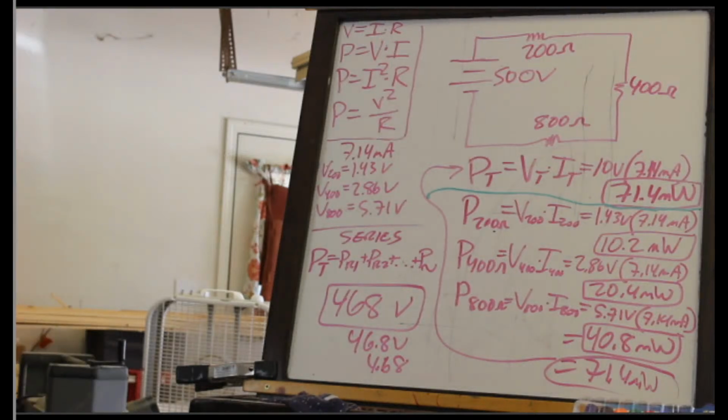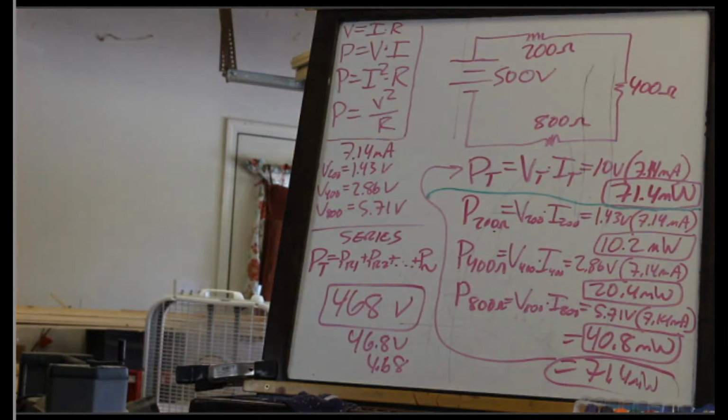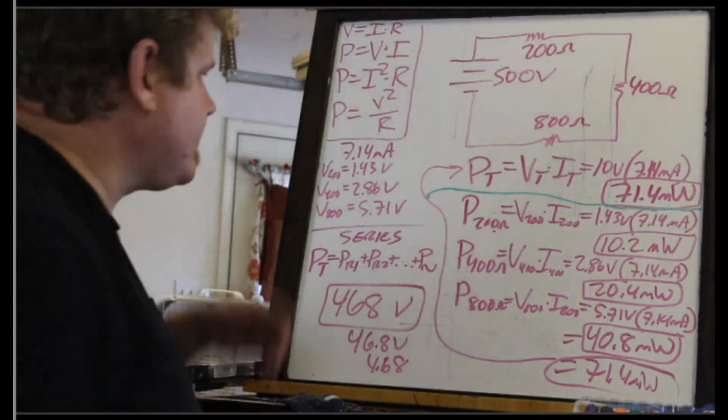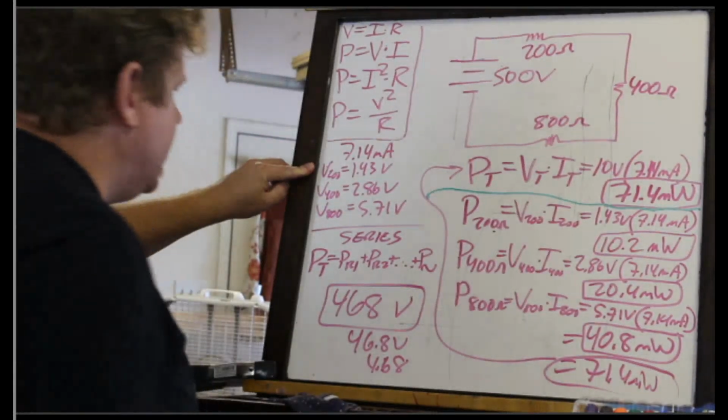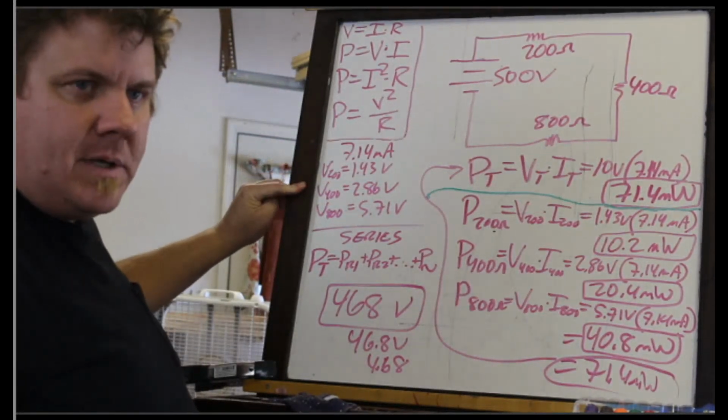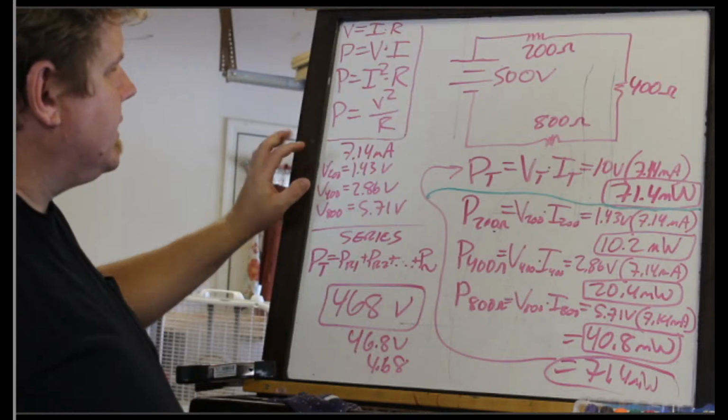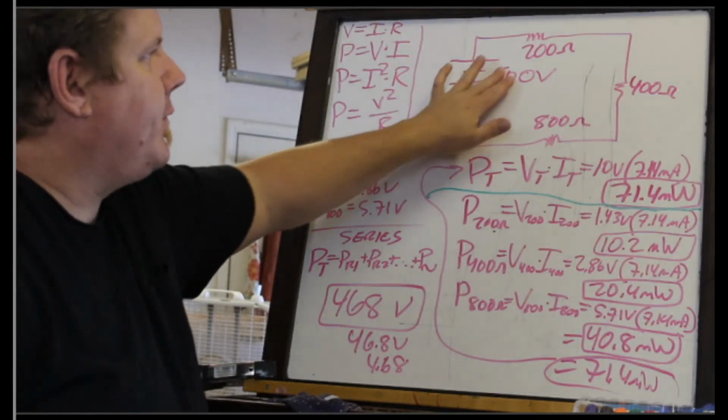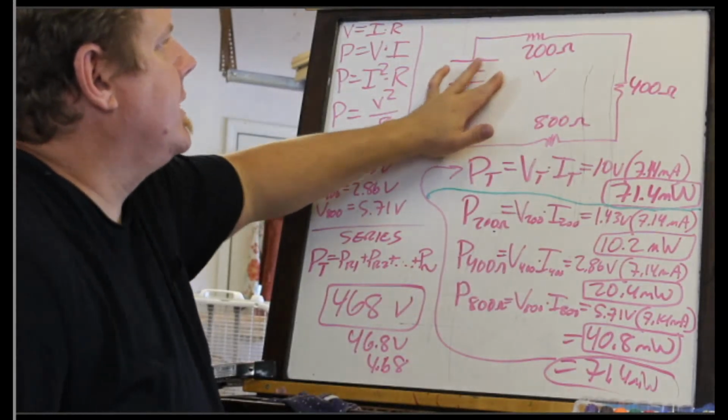And then John asks, could we not have solved for the last one and just found it by subtracting from the total volts, or is it best to solve for all and then double check? So I think what you're saying is you found 200, you found 400, and you're confident in both of those, and so you just add them together and subtract them from our original 10 volts, okay?